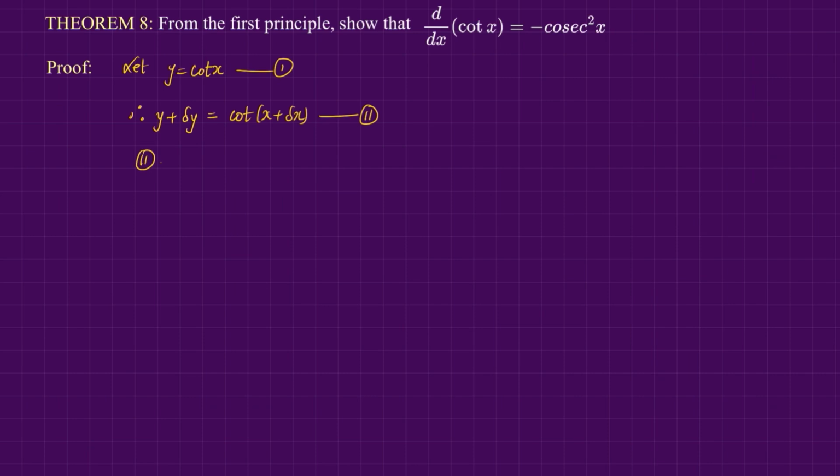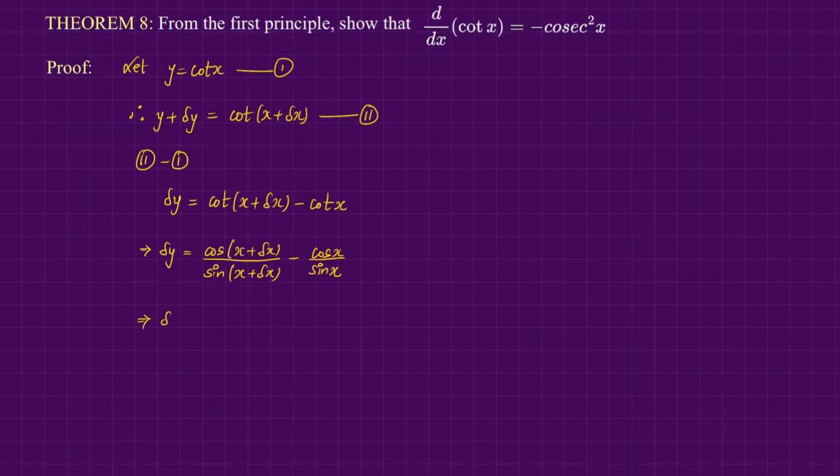Subtracting 1 from 2, we will have delta y equals cot of (x plus delta x) minus cot of x, which implies delta y equals, cot can be written as cos by sine, so it will be cos (x plus delta x) by sine (x plus delta x) minus cos x by sine x.